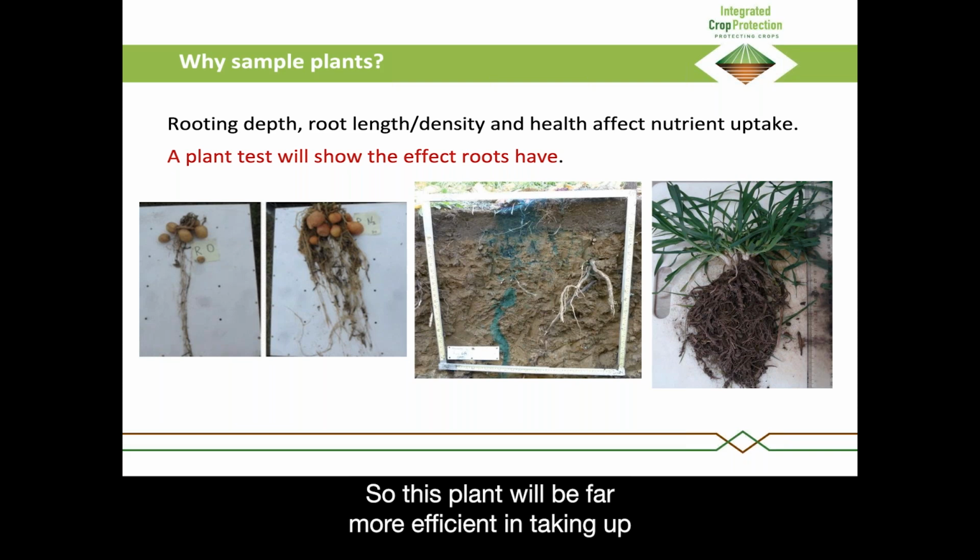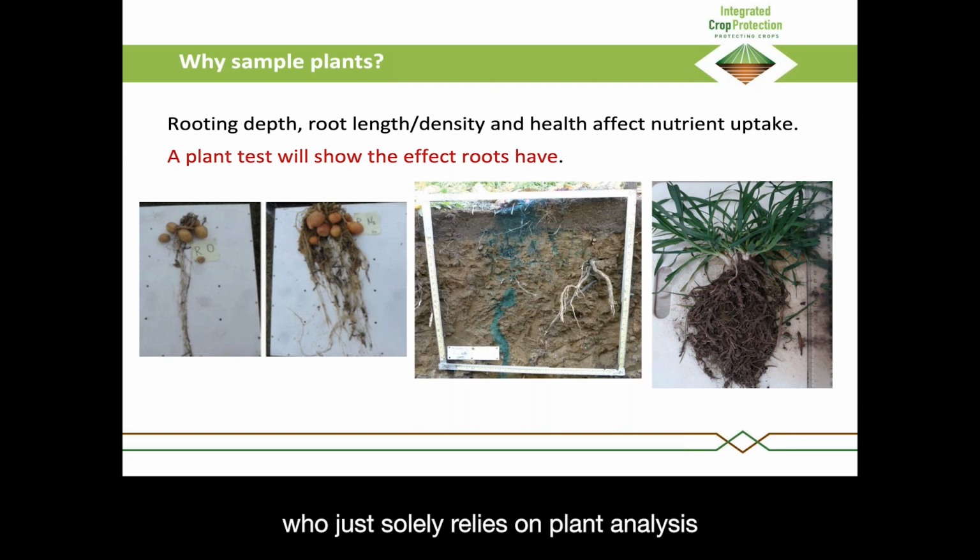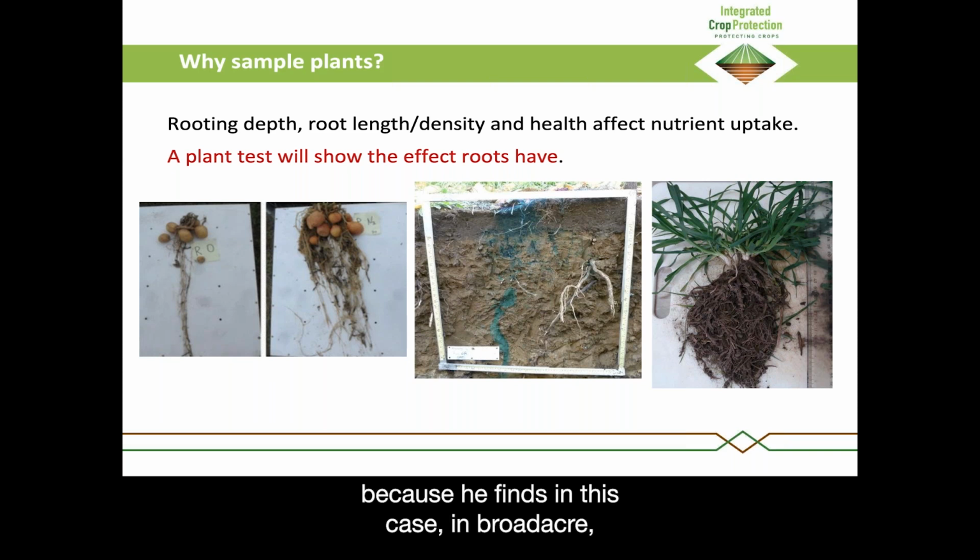So this plant will be far more efficient in taking up nutrients than a plant that doesn't have very good rhizosphere conditions around the root system. That photo was actually sent to me by somebody who relies solely on plant analysis, because he finds, in this case in broadacre, it gives him better information.